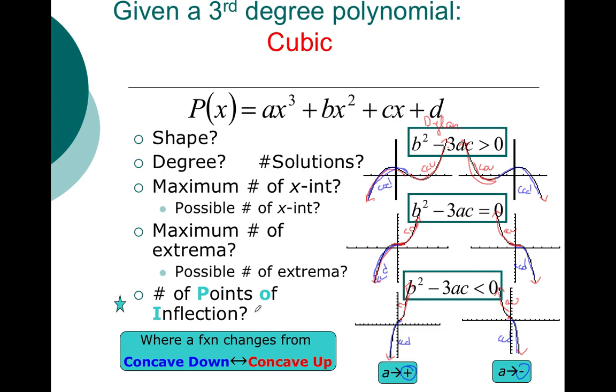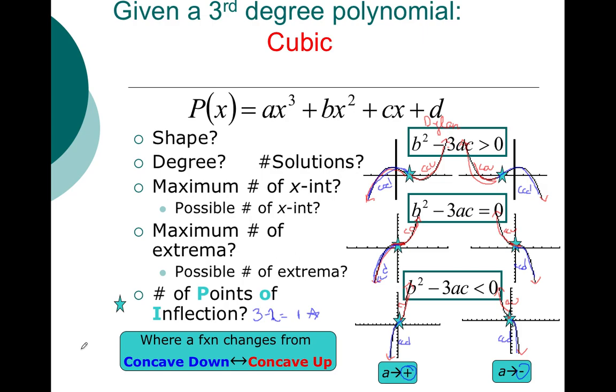And every cubic function has exactly 3 minus 2, 1 point of inflection. Can you see it? Blue to red or red to blue, point of inflection.